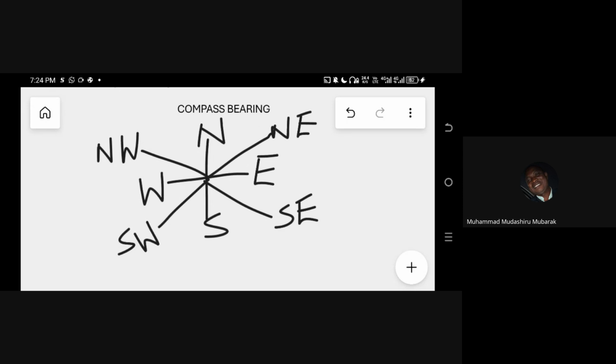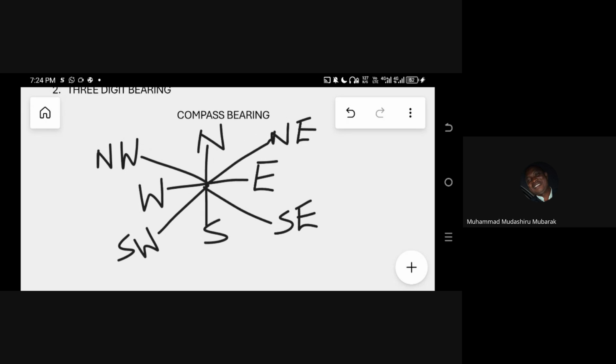Then you have a point between south and east. That point is called the southeast. So go to the west. The point between the north and the west is called the northwest. And then the point between the south and the west is called the southwest.